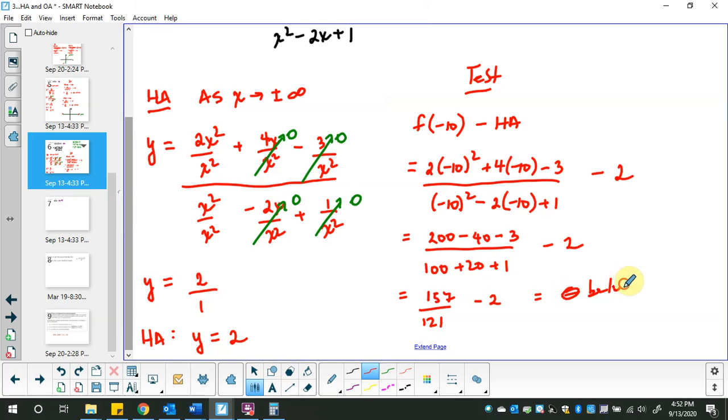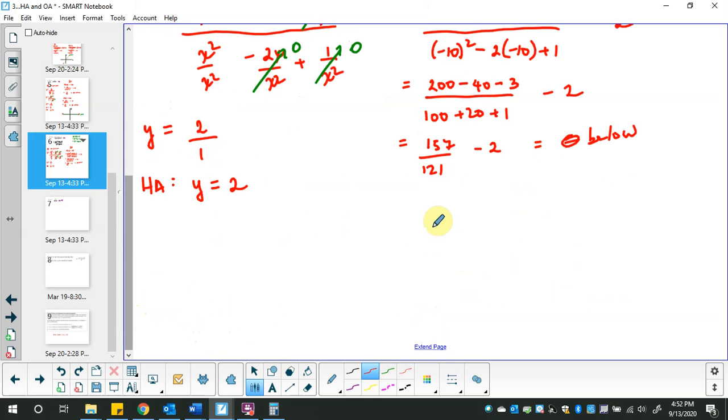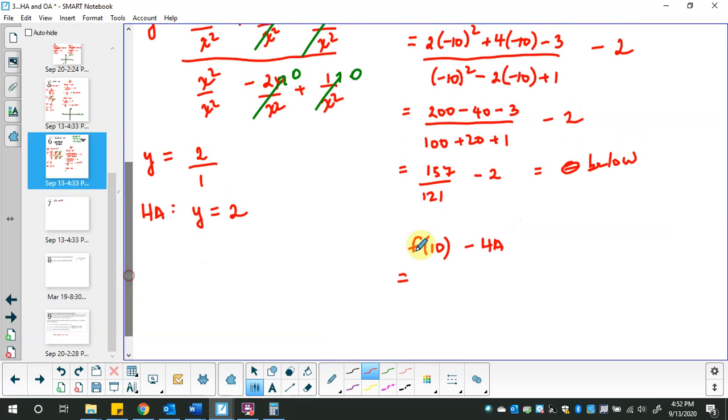So below. And then redo the whole thing for 10. So let's see if I can not screw this up.